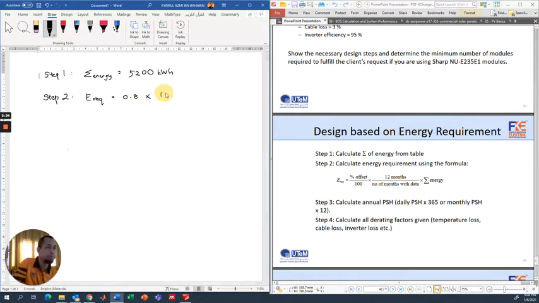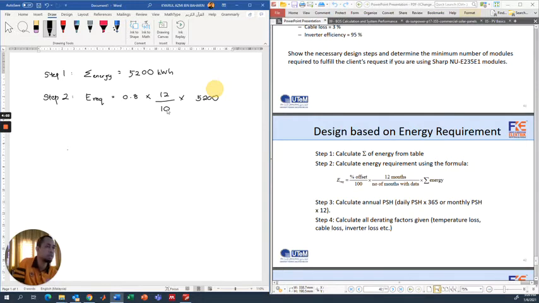So 12, which is 12 months in a year, divided by the number of months with data, which is 10. So we have 2 months of missing data. We divide that, and then we multiply with the sum of energy obtained from the first step, 5,200.